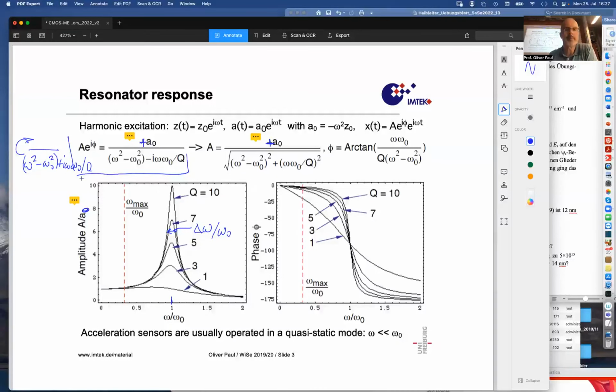Actually, the absolute value of this thing is just the square root of this real and this imaginary part added as squares. So that's what is done here more directly, but this complex conjugate idea also works, of course.